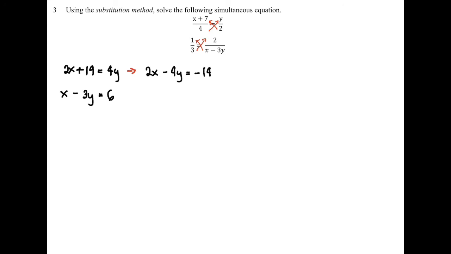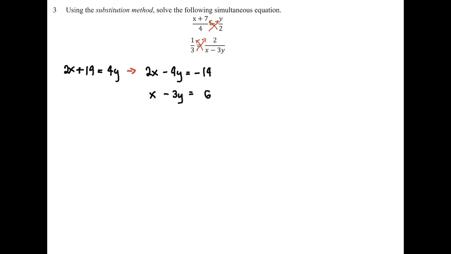Let me just put the second equation here under the first equation. So this is now x minus 3y equals 6. Now, if we're going to use substitution method, we need to choose one equation and then make x or y the subject of that equation.